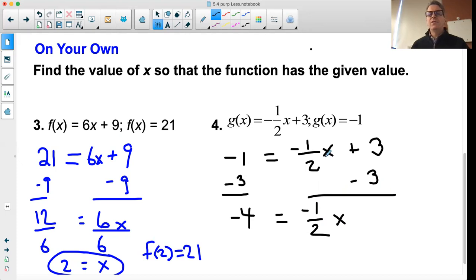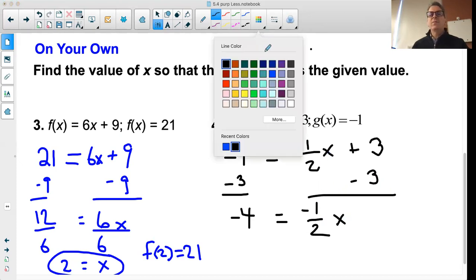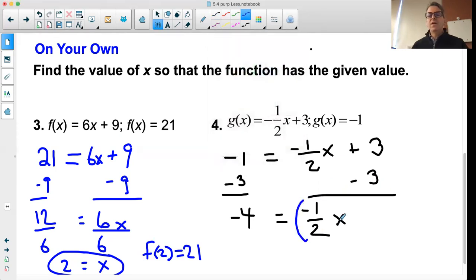And we're looking to solve for x by the use of the reciprocal. So the reciprocal will be, in this case, -2/1. Multiply the left and the right, and your answer is 8. X equals 8 on number 4.